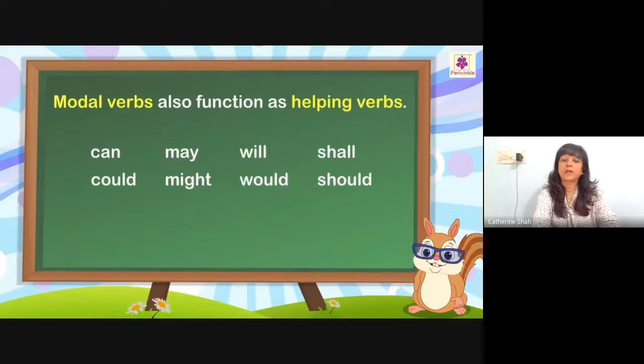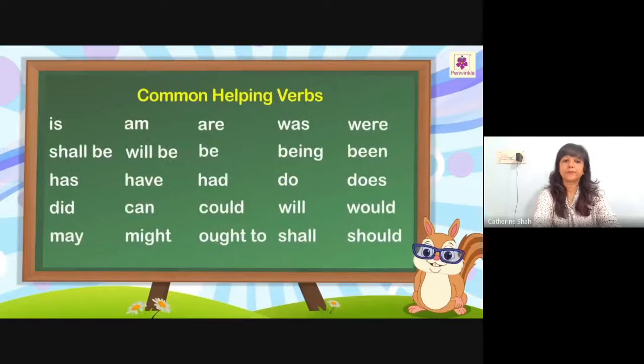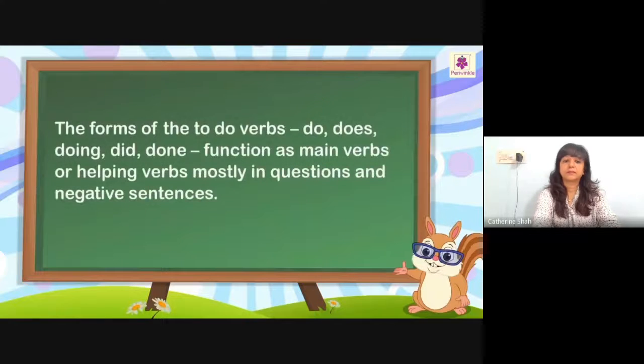They are as follows. The following are known as common helping verbs. The forms of the to-do verbs do, does, doing, did, done function as main verbs or helping verbs mostly in questions and negative sentences.